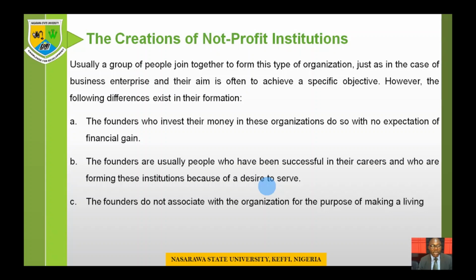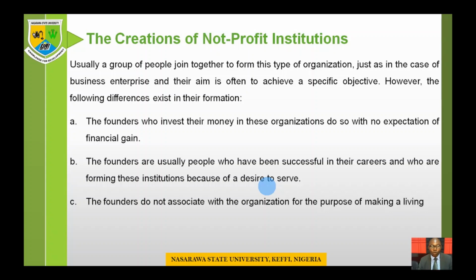A. The founders who invest their money in these organizations do so with no expectation of financial gain. B. The founders are usually people who have been successful in their careers and who are forming this institution because of a desire to serve. Desire to serve. We see them all around.